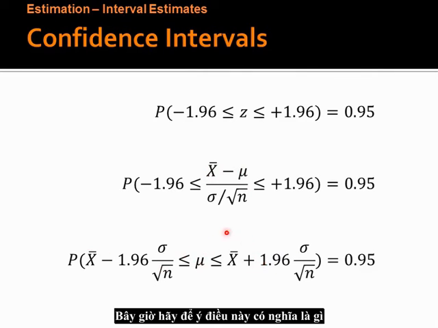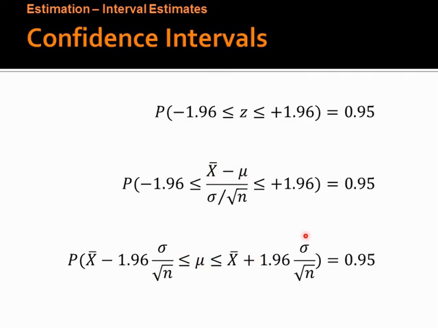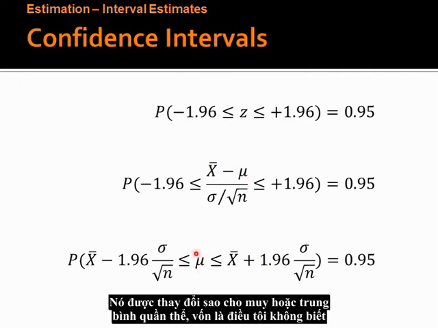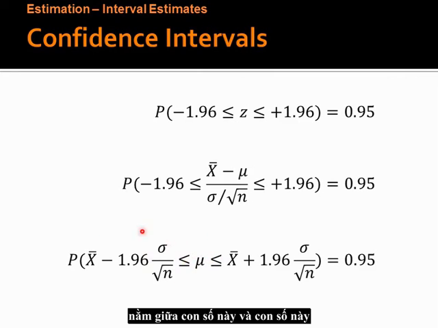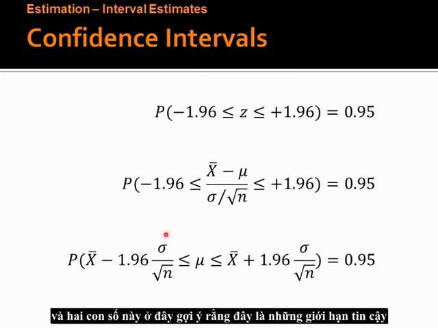Okay? Now notice what this means. It says that mu, or the population mean, which is something I do not know, lies in between this number and this number. And these two numbers here, hint hint, these are the confidence limits, and the range from this number to this number gives me the confidence interval.